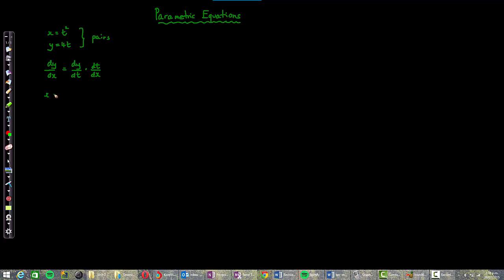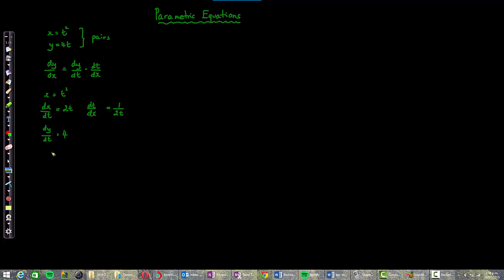So if we've got x equals t squared, I can derive x with respect to t, which would just be 2t, but I want dt over dx. Well, that just looks like the reciprocal of this left-hand side here, and so it is. So it's 1 over 2t. And if we derive y with respect to t, since y is equal to 4t, deriving that, you end up with 4.